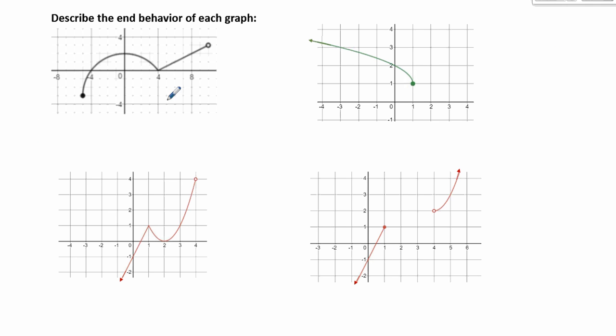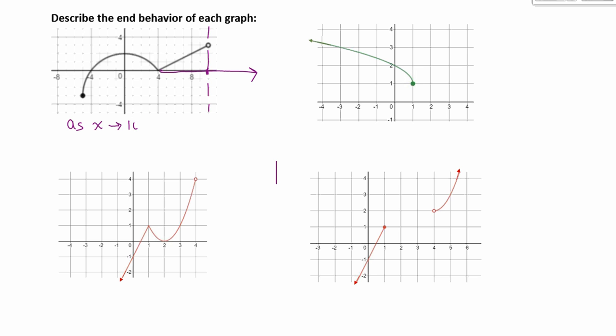So, end behavior of this guy. Now, this one's weird because it doesn't go on forever, right? But let's look at it. As we go over here to the right, we can't really keep going to the forever, right? Basically, it stops right here at this value. So all you can do is say as x goes, now I can't say infinity because it stops there.